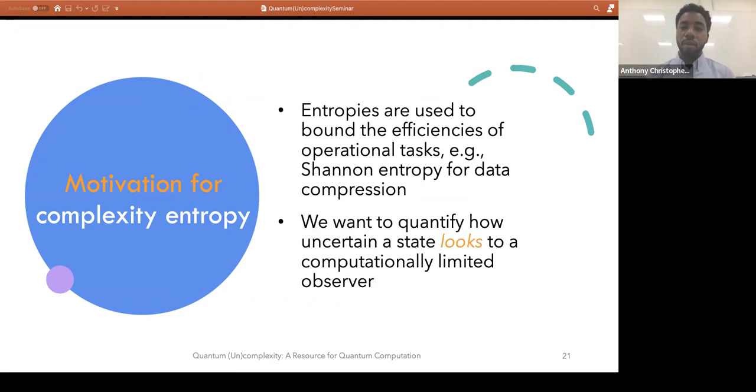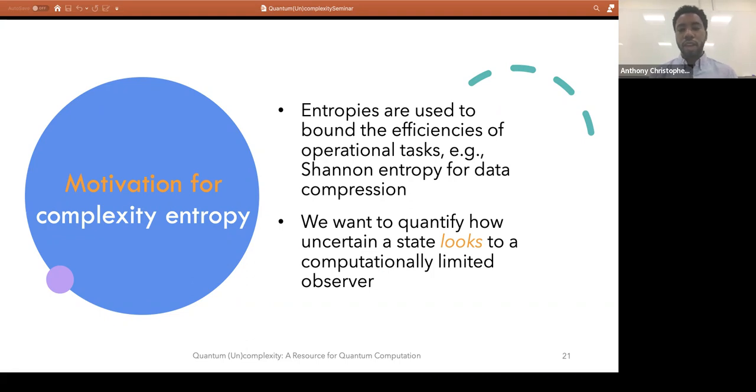And second of all is that we want to have an entropy that quantifies how uncertain a state looks by a computation limited observer. If we were to just allow our referee to use any measurement operator, then we would no longer be within the realm of complexity. I'll discuss this in a moment whenever we look at limiting cases.